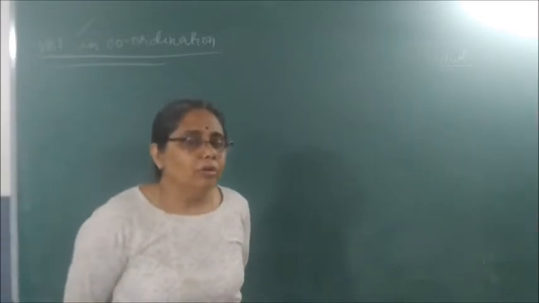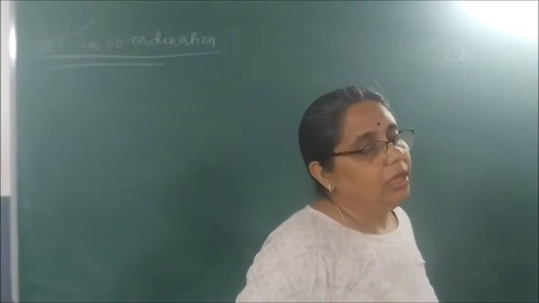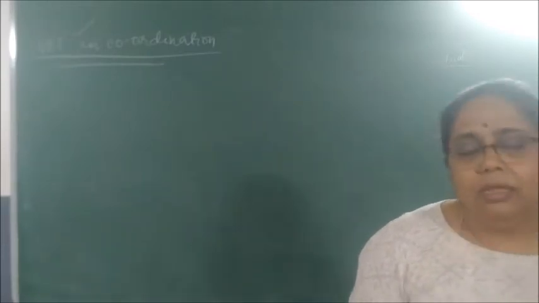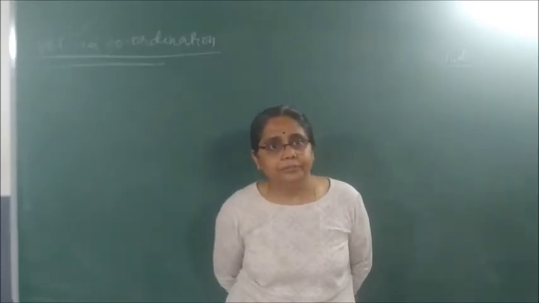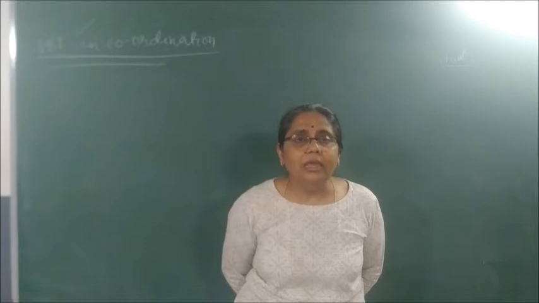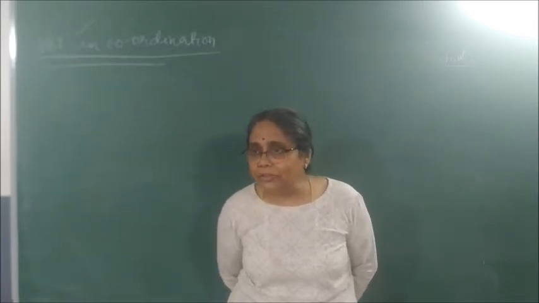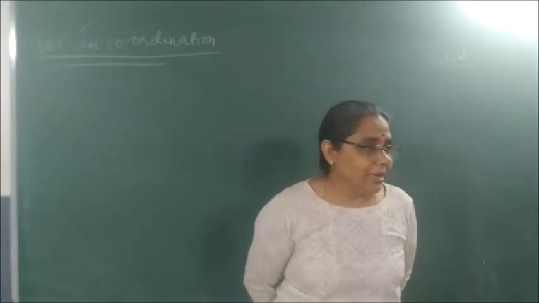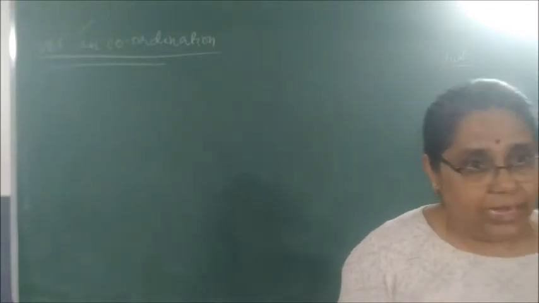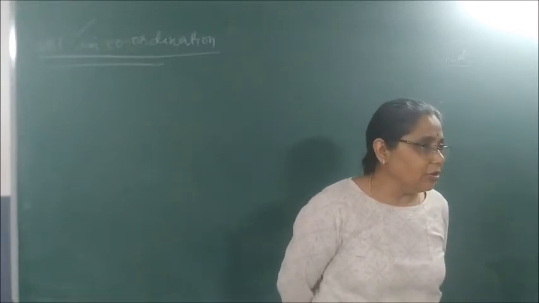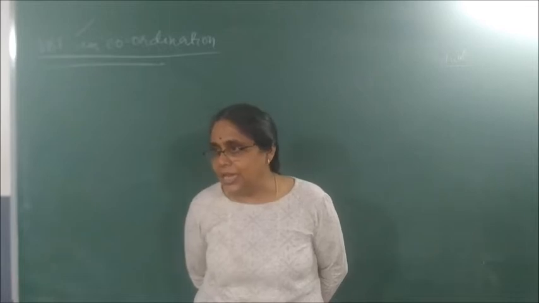What do we talk about in magnetic properties? By Werner's theory, can I explain whether it is paramagnetic or diamagnetic? No. Can I explain anything about its electrical property or whether it will conduct electricity? If it is a paramagnetic compound, it will conduct electricity because there is movement of electrons. If it is a diamagnetic compound where the electrons are paired, the electrical conductivity is less.